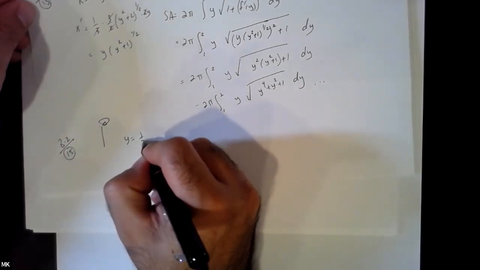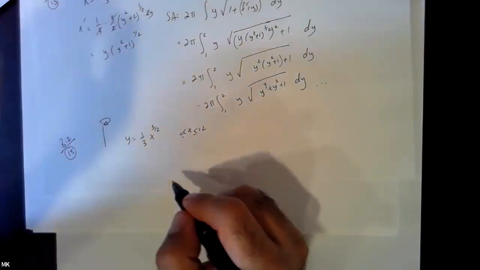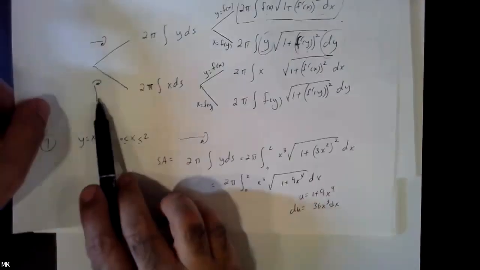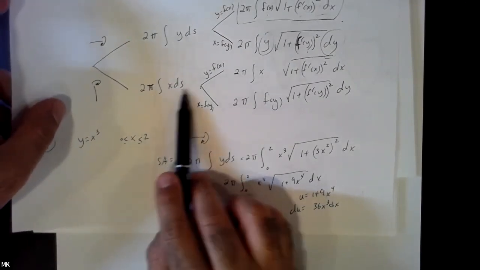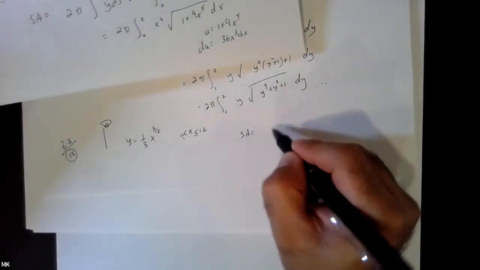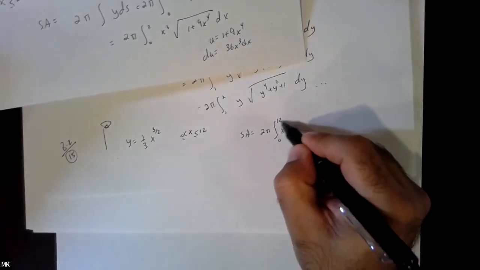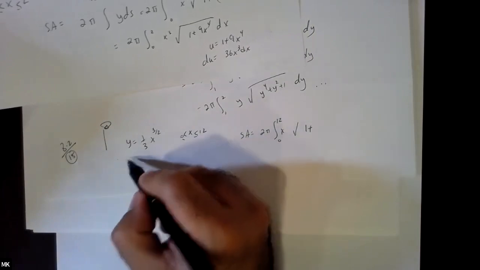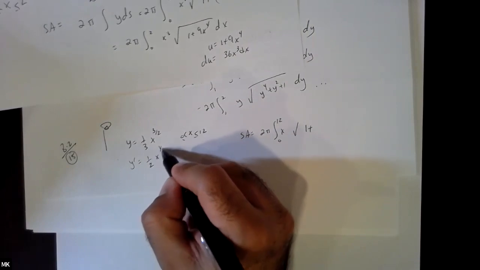And it's y equal to 1/3 x to the 3/2, x is between 0 and 12. Since the rotation is about the y-axis, it is 2 pi x ds. And since y is expressed as a function of x, it will be this one. So surface area is going to be 2 pi x from 0 to 12, square root of 1 plus the derivative of this. 3/2 times 1/3 is 1/2 x to the 1/2.